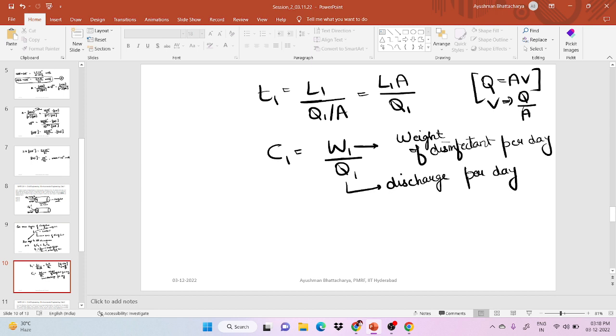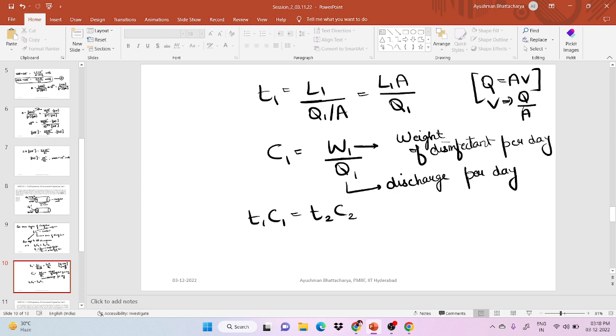So T1 value is equal to L1 A by Q1, where L1 is the length of the pipe, A is the area, Q1 is the discharge per day. C1 concentration is equal to weight of disinfectant per day divided by Q1, the discharge per day. So basically T1 C1 is equal to T2 C2.